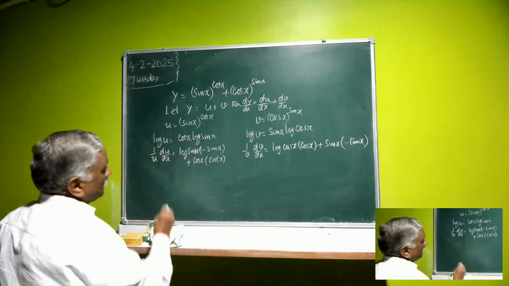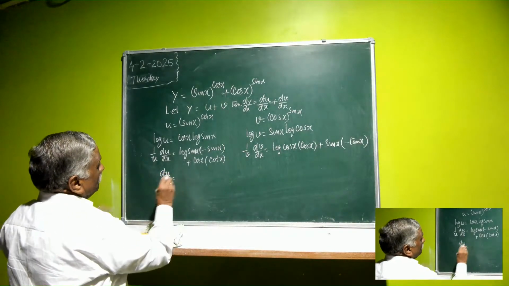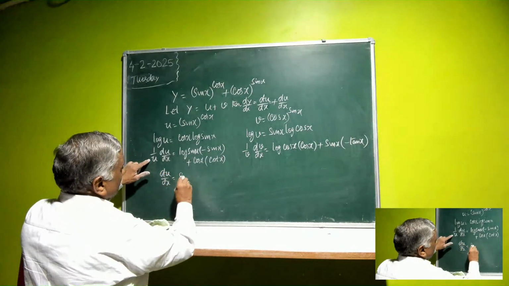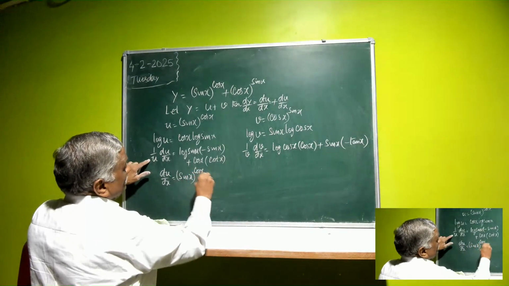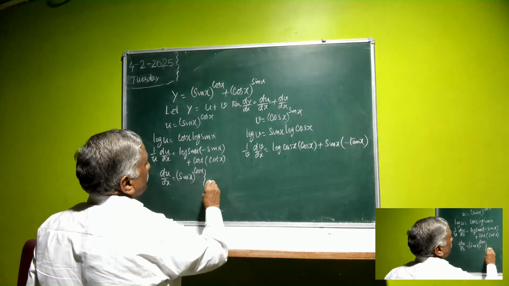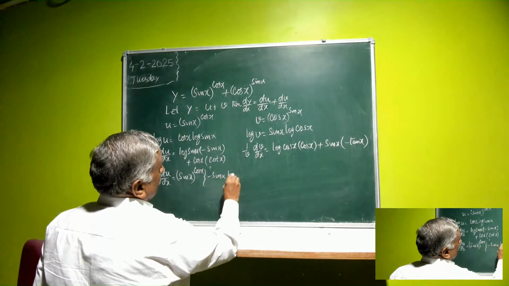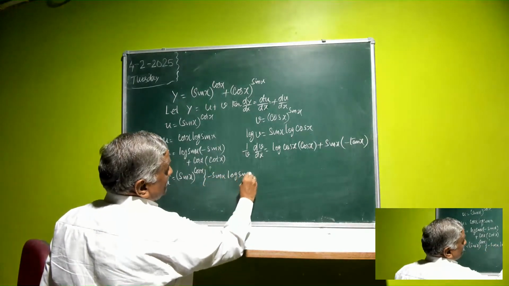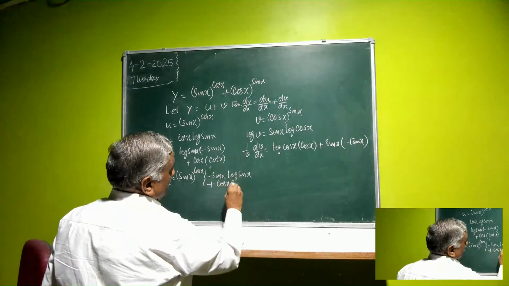What is the next step? du by dx is equal to u, and you know u is sin x to the power of cos x, into minus sin x log sin x plus cos x into cot x.